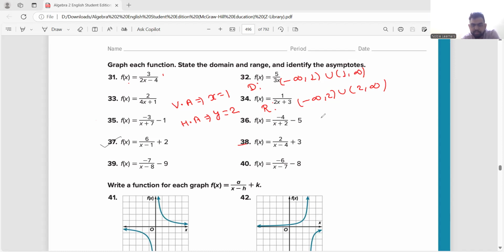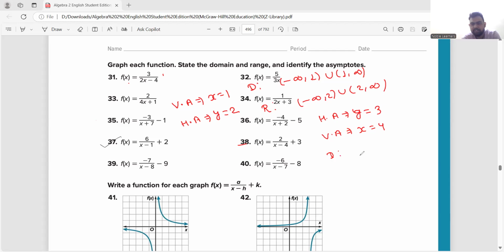Quick. 38. Y equals 3 is the horizontal asymptote. Okay, what's the vertical asymptote? X is equal to 4.